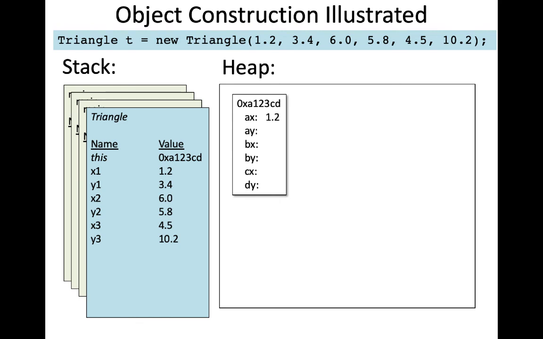It basically says look into that object. Look for a field called ax, so this.ax, that's that field inside that particular triangle, equals x1. x1 was passed in as a parameter, and so I've copied the value 1.2 to that field. And then the remaining lines of the constructor are basically initializing that triangle until now I have my fully initialized triangle.